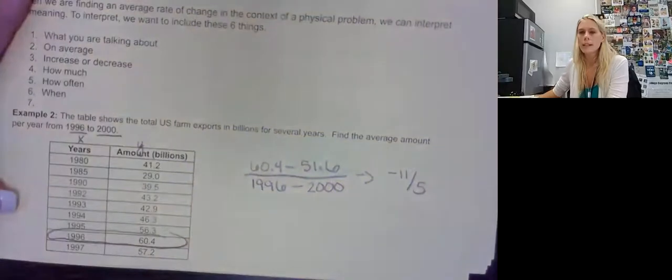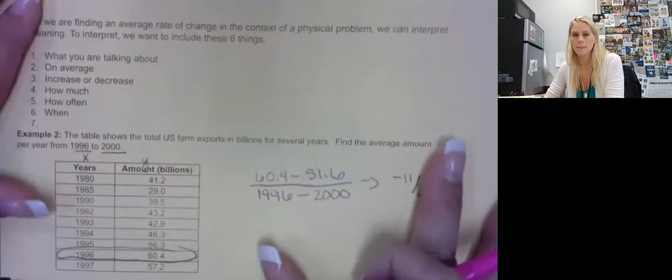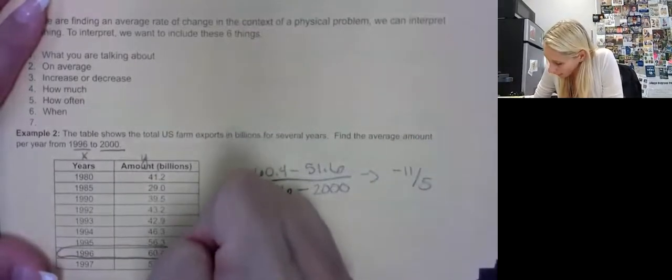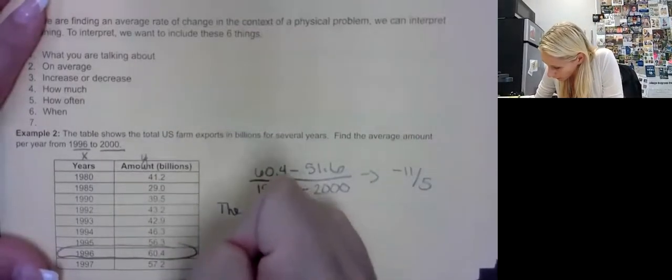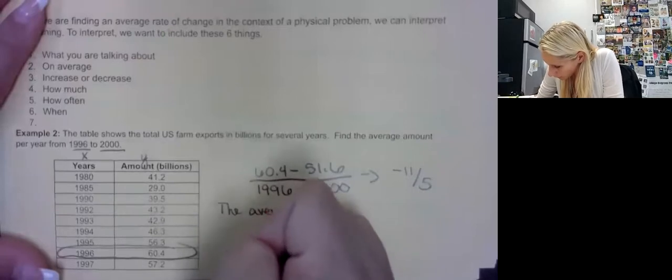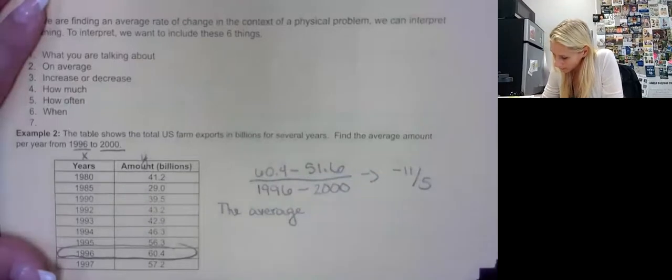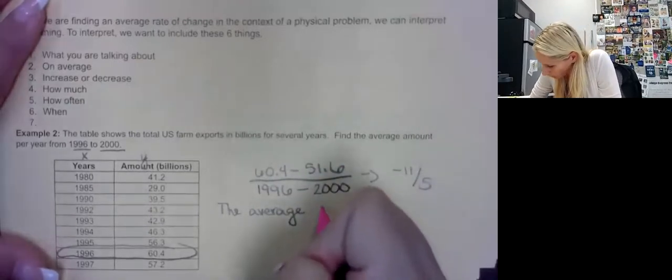So now we're going to write a sentence and interpret what this means, okay? So what we're going to say is the average, let's see, we're talking about exports, farm exports.